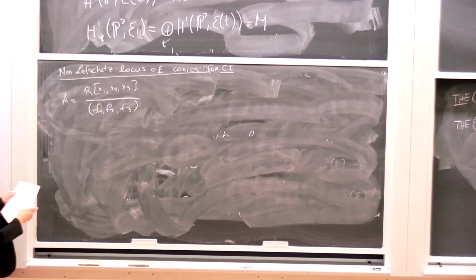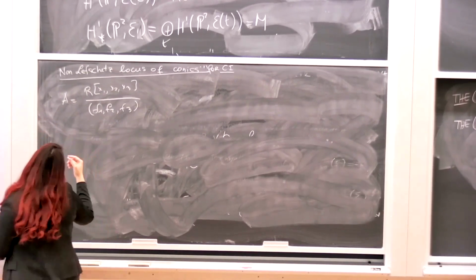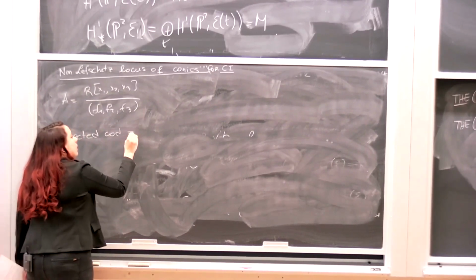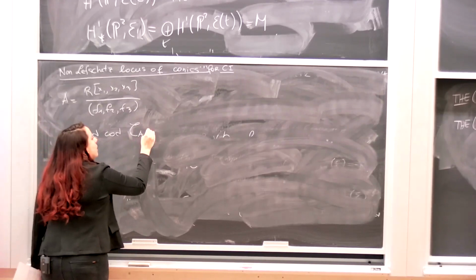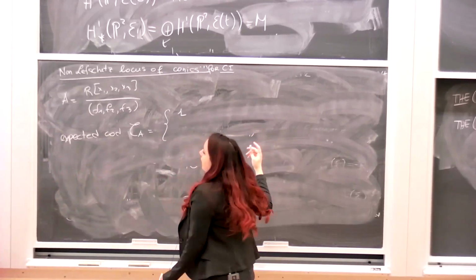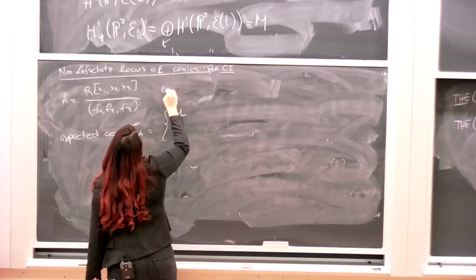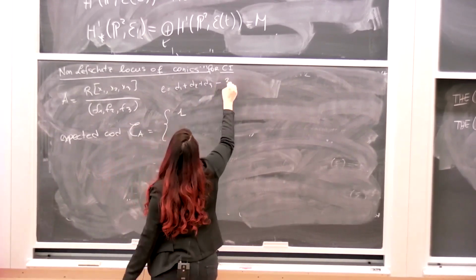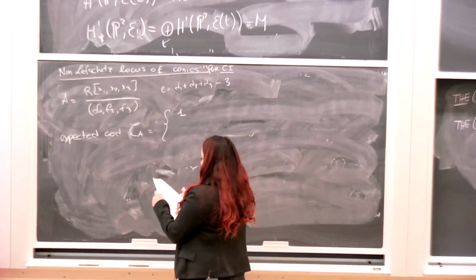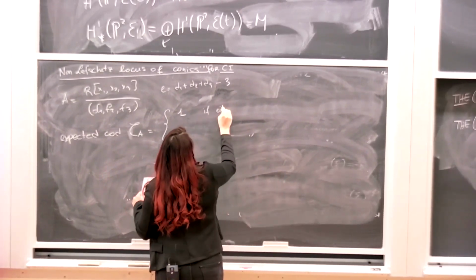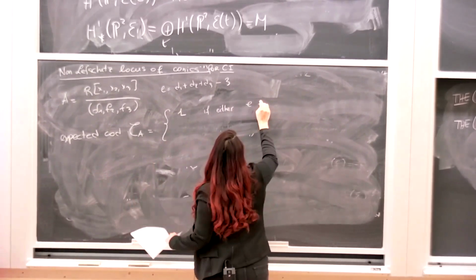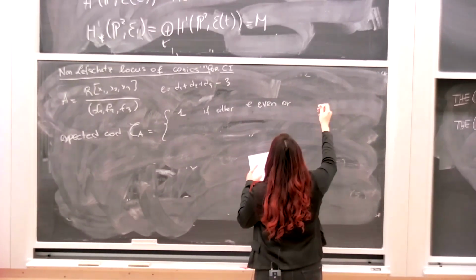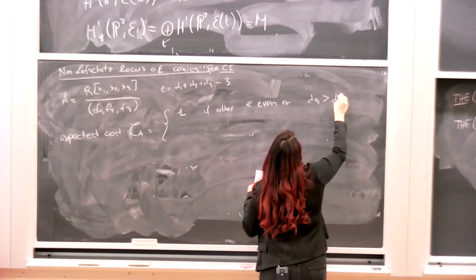Using what we know from before, we have that the expected codimension of the non-Lefschetz locus is 1 in the case where, so here the Chern degree is d1 plus d2 plus d3 minus 3, it is 1 every time that E is even, or if d3 is strictly bigger than d1 plus d2.